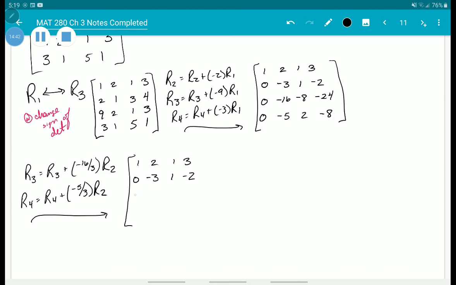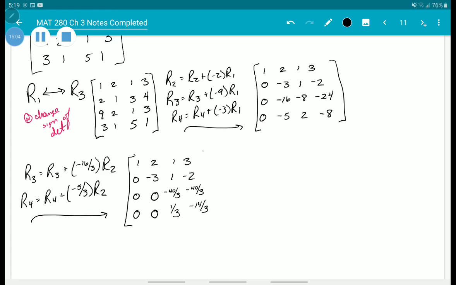So we're going to have 0, 0. I got negative 40 over 3 here, and negative 40 over 3 here. Last row, 0, 0. And I got 1/3 and negative 14 over 3.